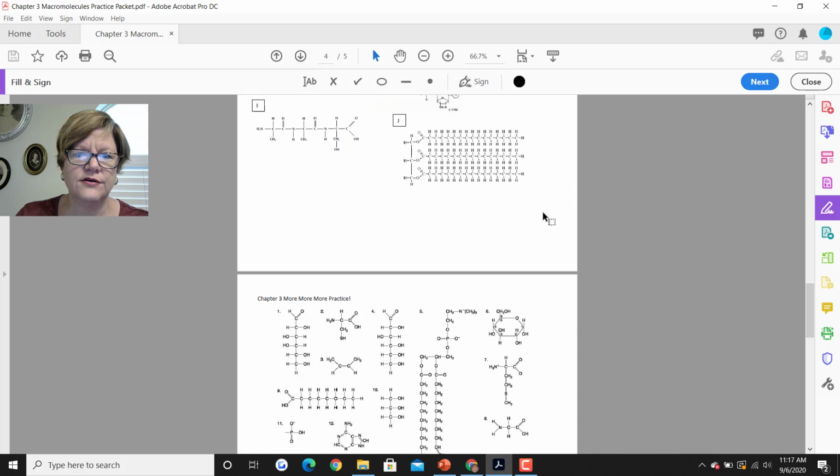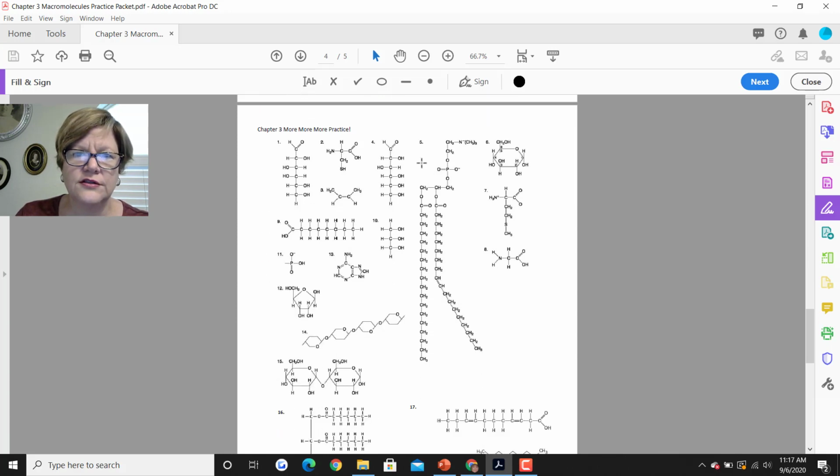And then when you come down here on the 4th page, look at number 5. First of all, it's huge. But this one is drawn more like having the head at the top here. You can kind of draw a circle around this part at the top, and then 2 tails hanging down. It's more of a giveaway in that sense. But you can see the phosphate here, the 3 carbon backbone of the glycerol, and then the 2 long fatty acid chains.